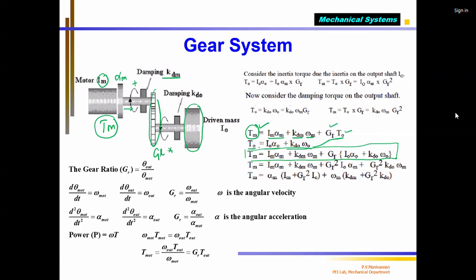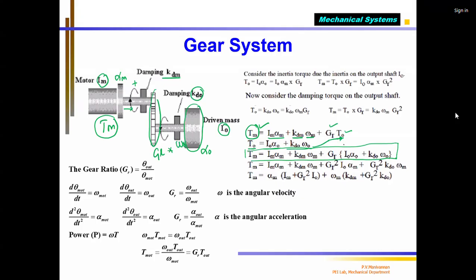T naught can be written equal to the moment of inertia of the load multiplied by alpha naught, the angular acceleration of the load, plus the damping constant, the bearing friction at the output side, multiplied by the angular velocity omega naught of the load. That can be substituted here.